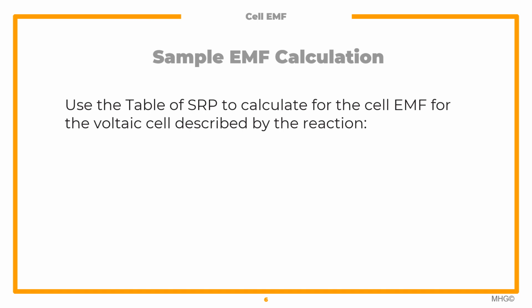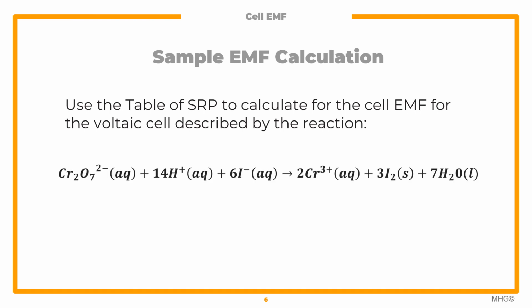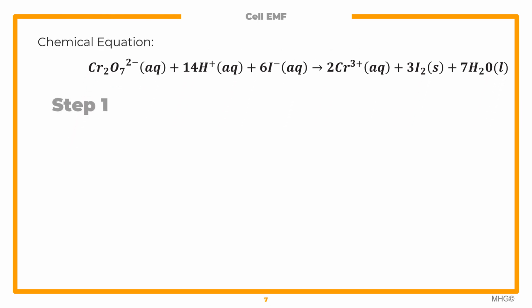Now, we could use the table of SRP to calculate the cell EMF of voltaic cells. In this case, we will be determining the value of the cell EMF described by the reaction. So, step 1 again. We are given the equation for a redox reaction, and we are asked to use the data in the table of SRPs that we give, and also calculate the standard cell potential for the associated voltaic cell.